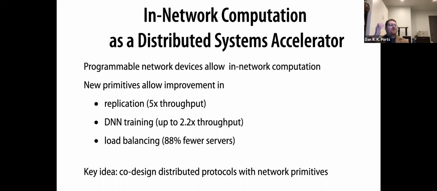I showed you 3 examples: how we could speed up replication, how we could speed up DNN training, and how we could speed up load balancing for skewed workloads. Each of these gives us some pretty substantial performance improvements or efficiency improvements. And they all depend on being able to co-design distributed protocols with network primitives.